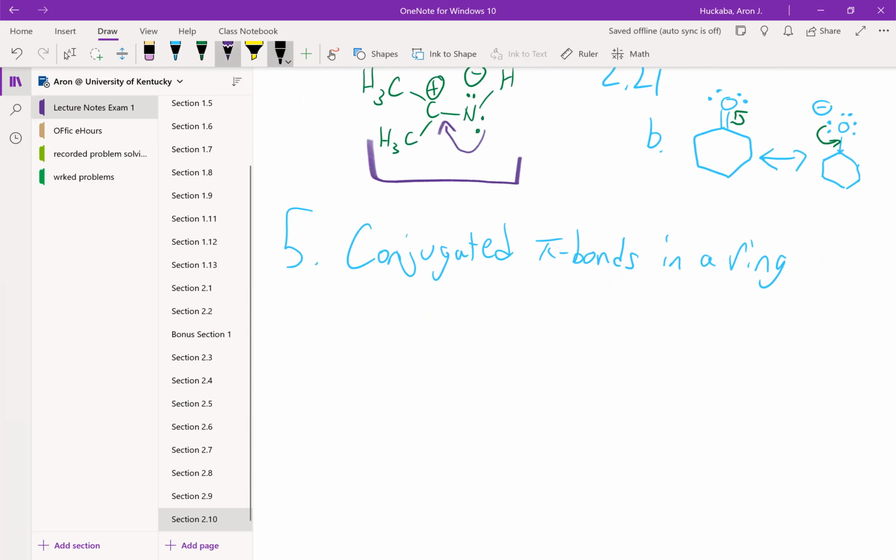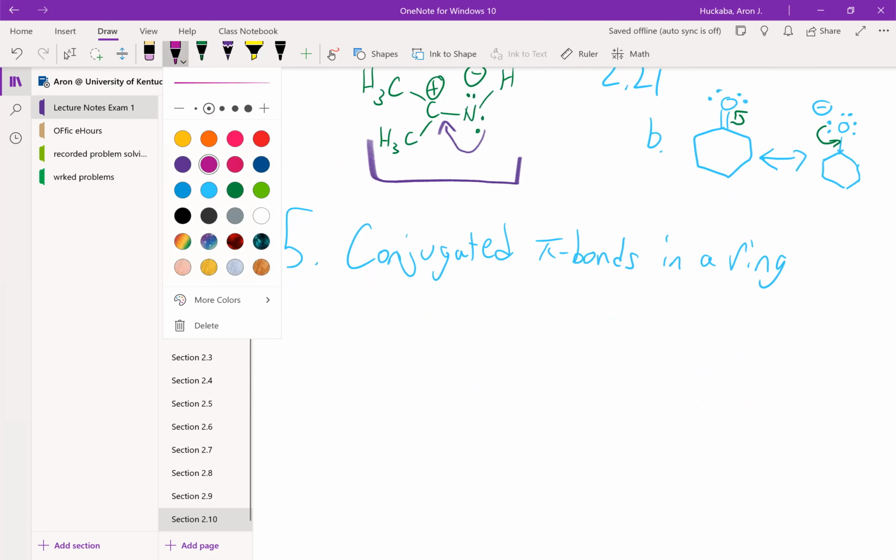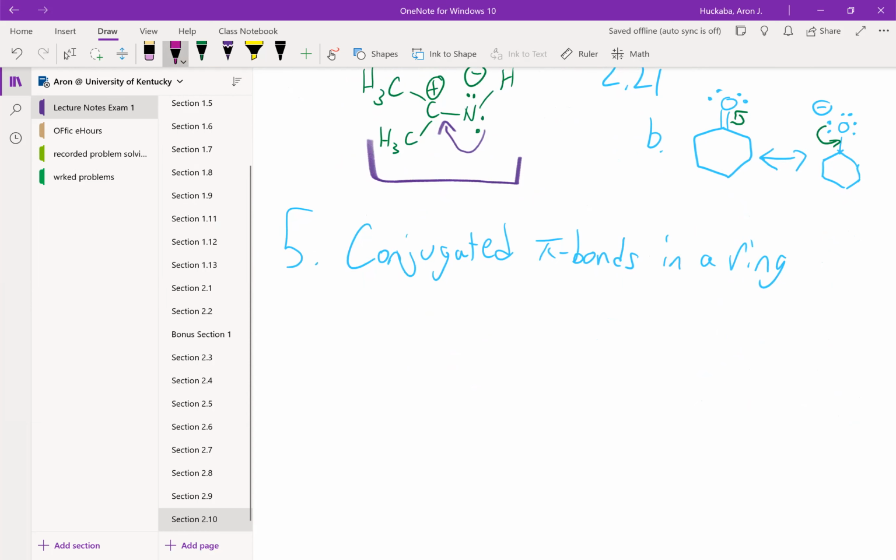So this is fairly straightforward and kind of boring because they don't typically contribute a lot in terms of energy, but in a ring, you can just have each of the pi bonds kind of do a shuffle, leaving you with the same exact structure, but all the pi bonds have shifted one way.